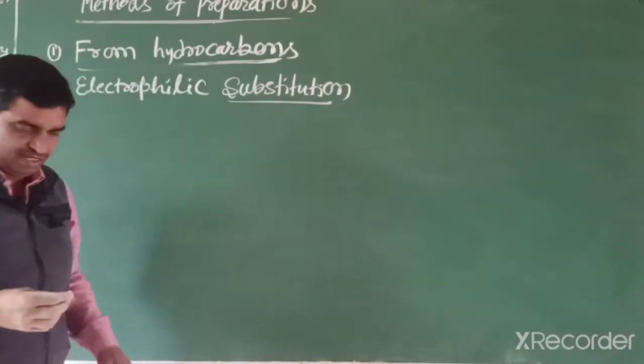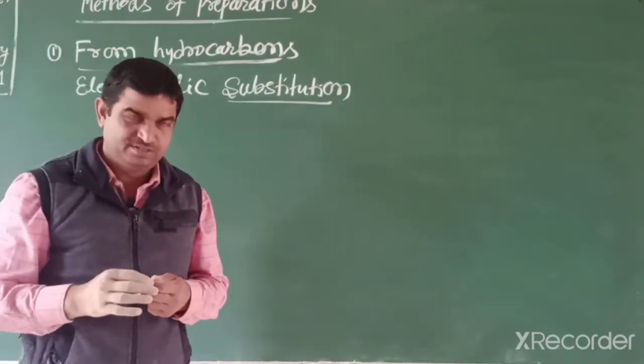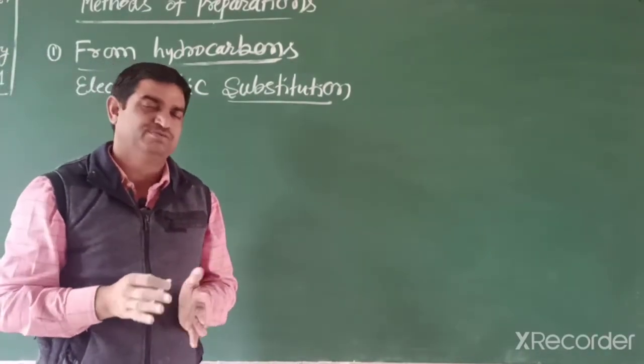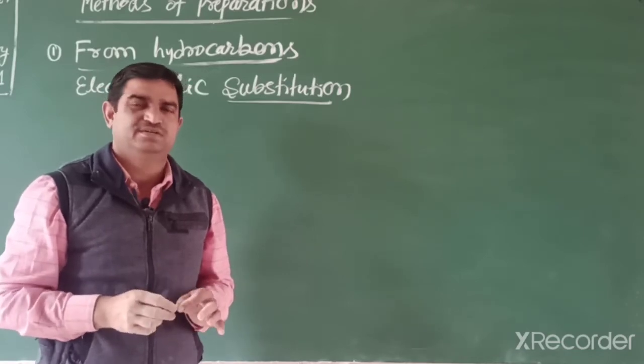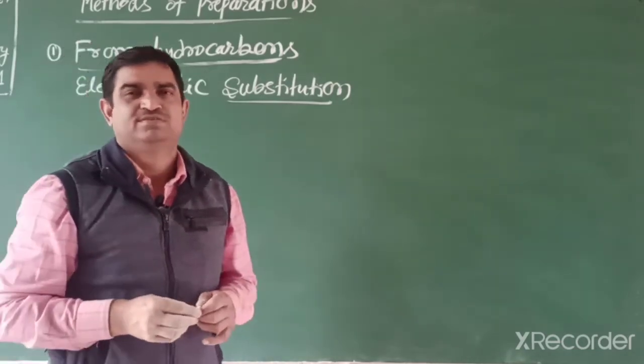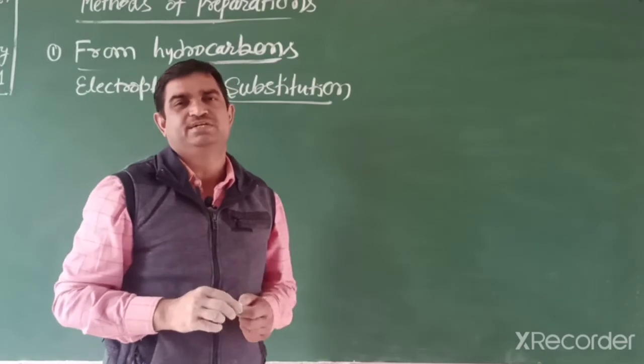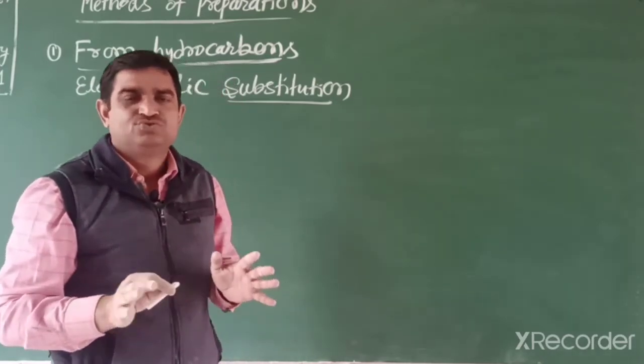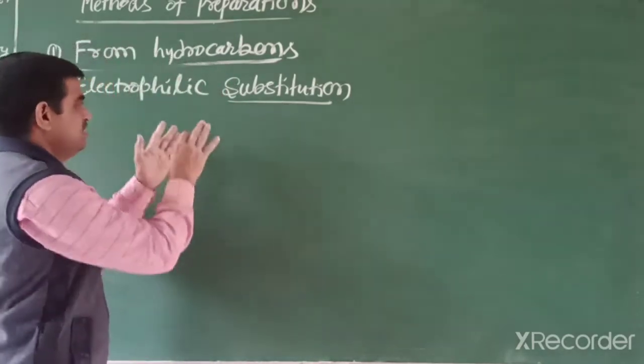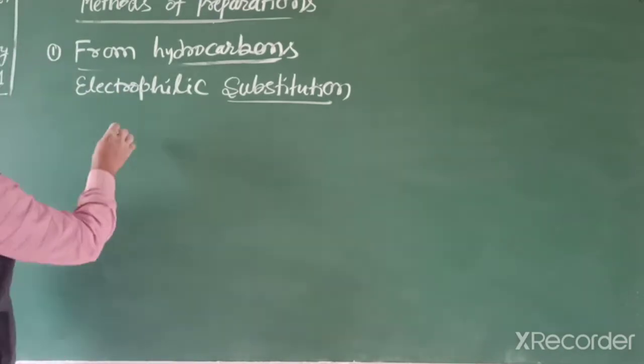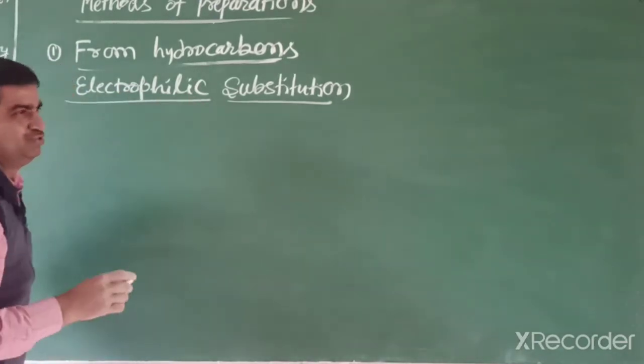In 11th class, we discussed 5 reactions: halogenation, nitration, sulfonation, Friedel-Crafts alkylation and acylation. So revise those reactions. Among them, one reaction is electrophilic substitution.